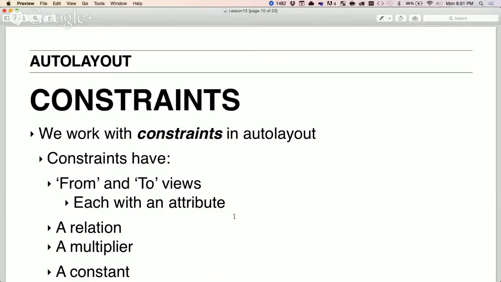So, constraints. Constraints are essentially how auto layout works. And the way we work with constraints, so if you have an object here, what we had with springs and struts, we were making a few assumptions.